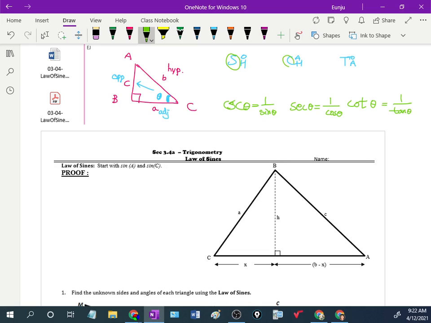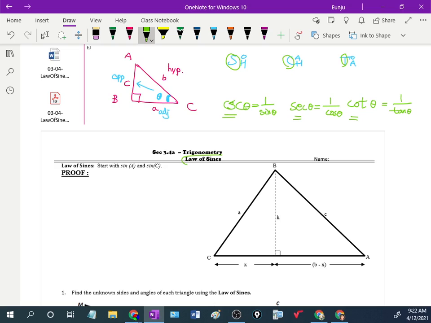We are using 3 basic trig functions and expanding to their reciprocals, so these are the 6 basic trig functions. That was a brief review.